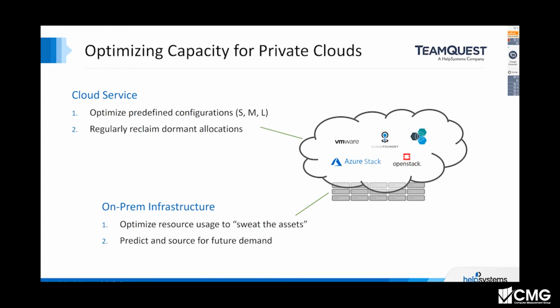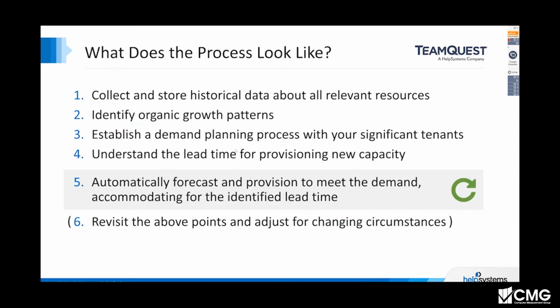Significant events that are going to drive the need for your services. So try to predict those and source for those in the best possible way. So private cloud optimization takes two different views. The process for that is that you need to make sure that you have data about all the relevant resources.